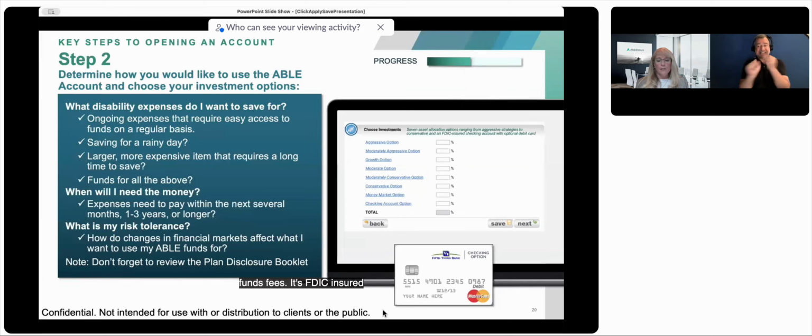It has tax advantages, so you don't pay any taxes on interest earned or on withdrawals used for qualified expenses. And then here's something that I really like too, which is the instant alerts. So they're truly instant on account activity and online security. And that debit card can be used on any type of purchase. Next slide, please.